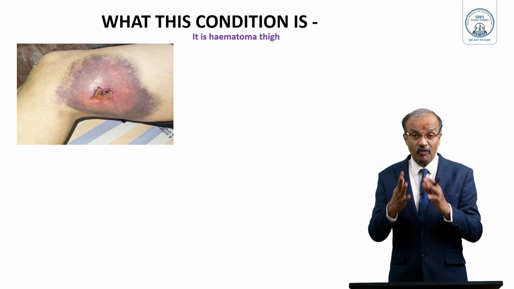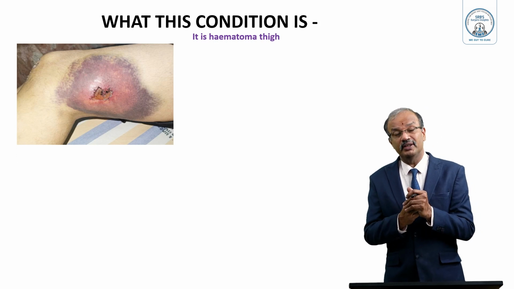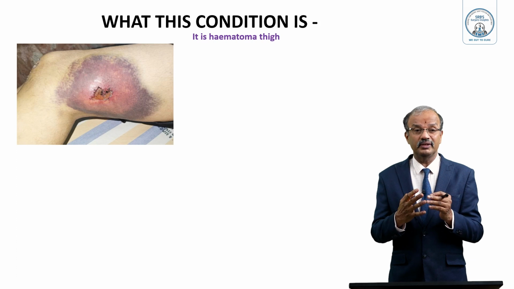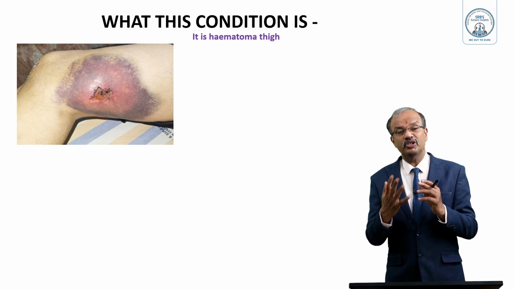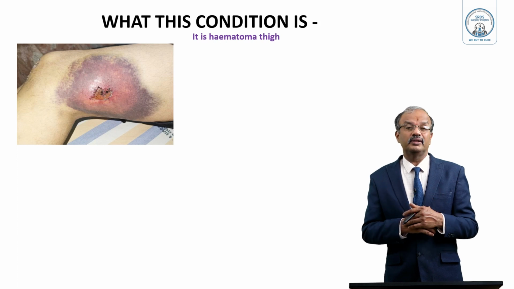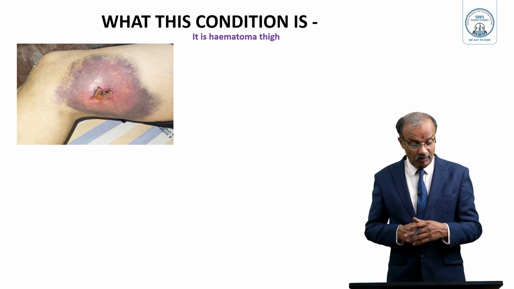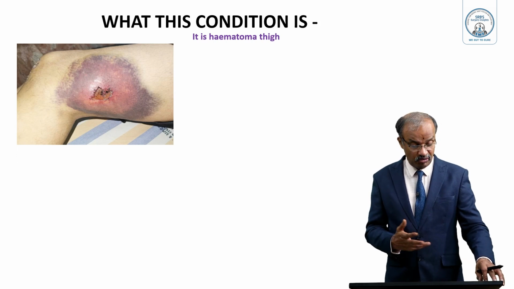So the history of intake of anticoagulants is very important, because many patients take ecosprin, aspirin, low dose, and clopidogrel. That history may be very relevant, especially in trauma with hematoma.